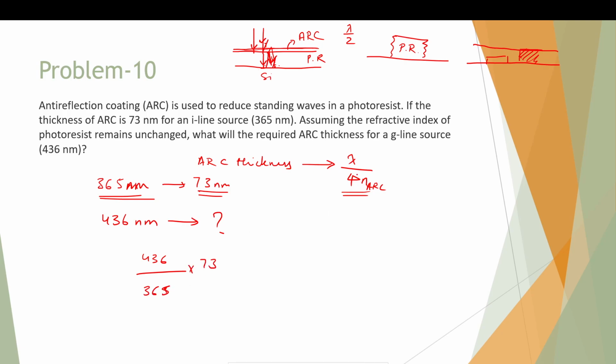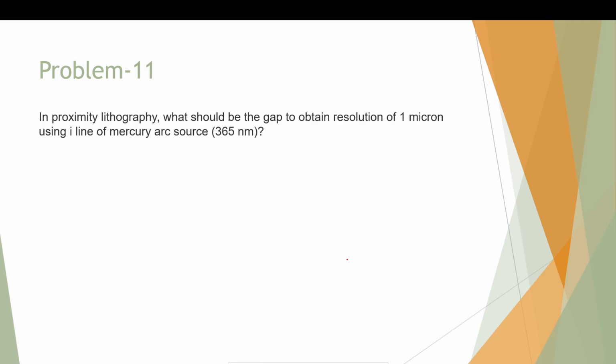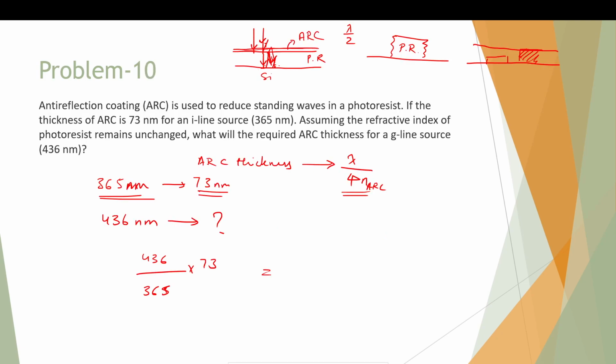It's directly proportional, right? Whatever you get is the thickness. The only thing to remember here is that it is directly related to lambda, and you will get something in the 80s, 84, 85, I don't know.